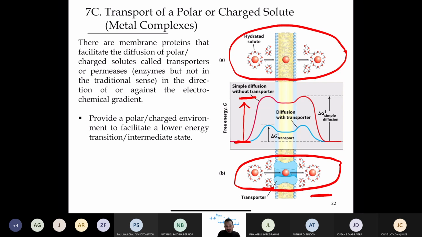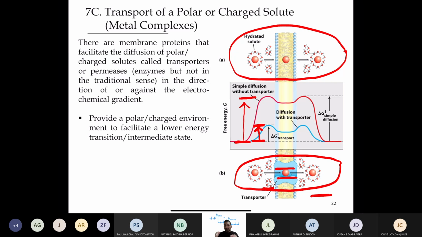So yes, there is probably some amount of hydration loss, but that given species now is going to be introduced into an environment that probably is more favorable, given the type of amino acids that are lining that pore. And so now you don't have that high of an energy barrier because you're introducing a polar, charged solute into an environment that is more favorable to it. And so you have effectively reduced that energy barrier, okay?